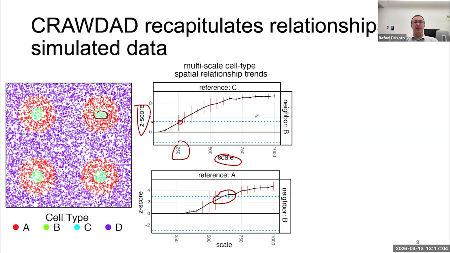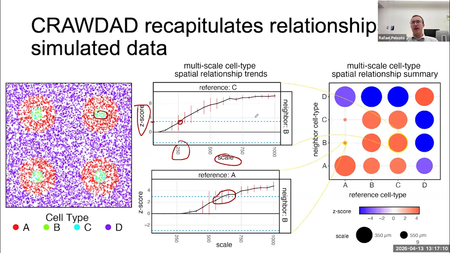And to summarize all this information, because we would have a trend for each cell type pair, we created a dot plot. So here we are summarizing just the point in which the trend crosses the significance threshold. So here for cell type C as reference and cell type B as neighbor, we have a big red dot, and the red indicates a positive z-score, which is for colocalization.